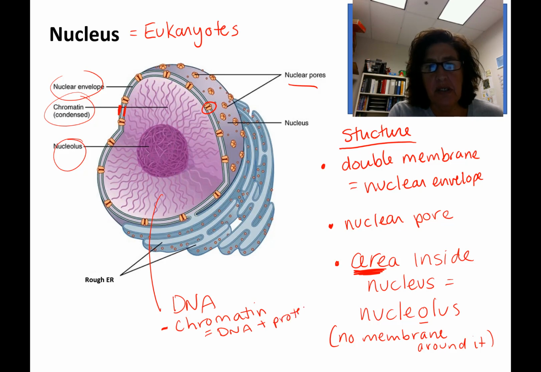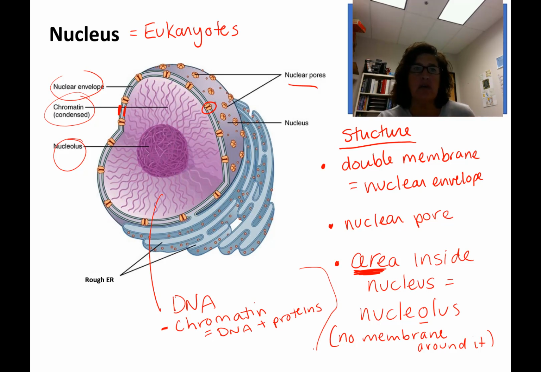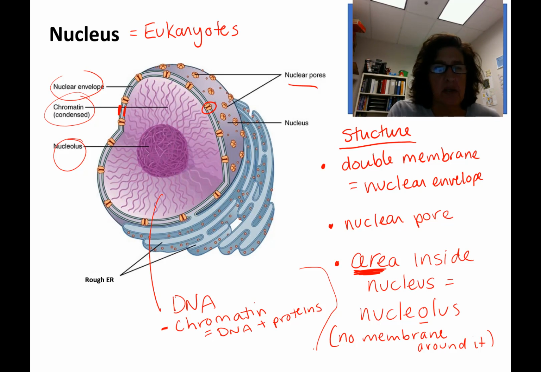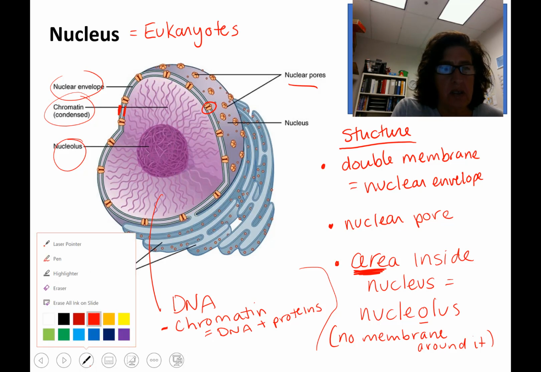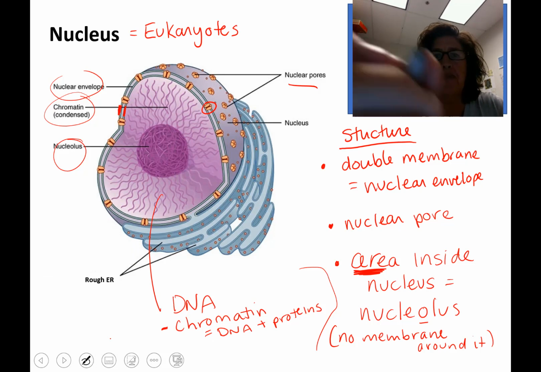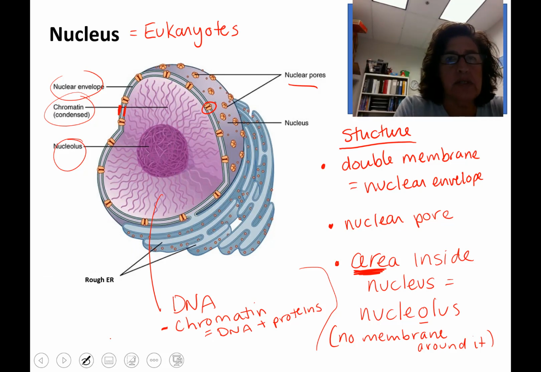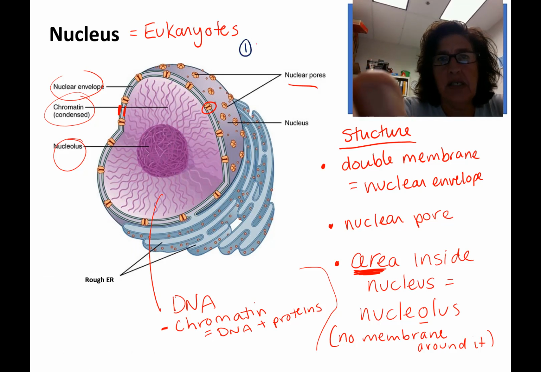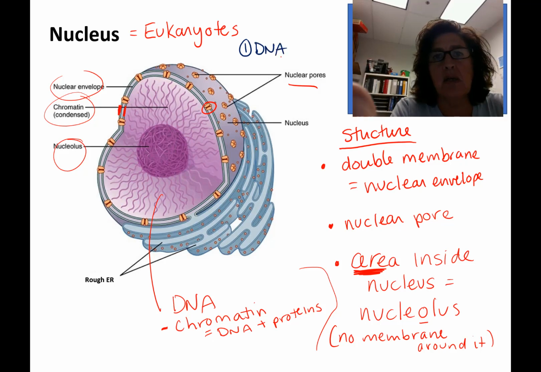And the proteins help organize your DNA so it doesn't get all tangled up. Some very important functions happen in the nucleus. So the nucleus is the site of DNA replication. That means copying your DNA.